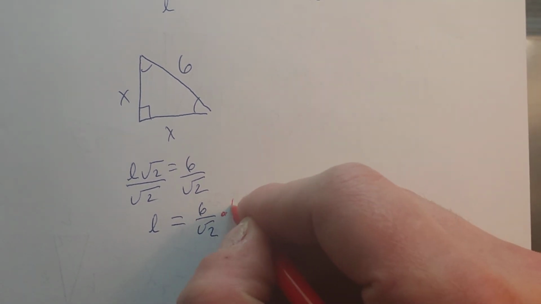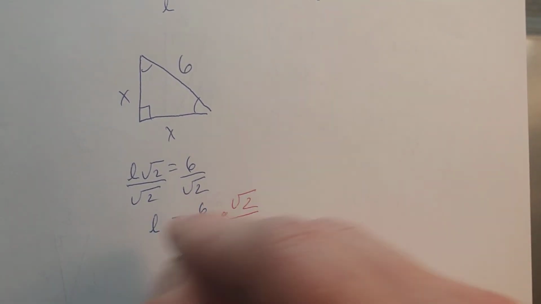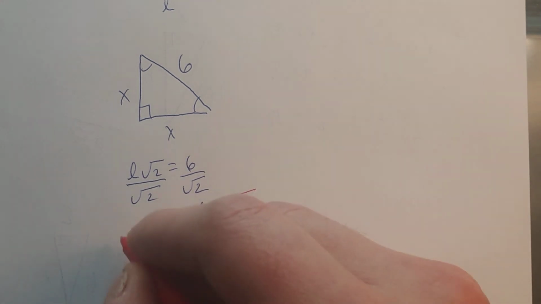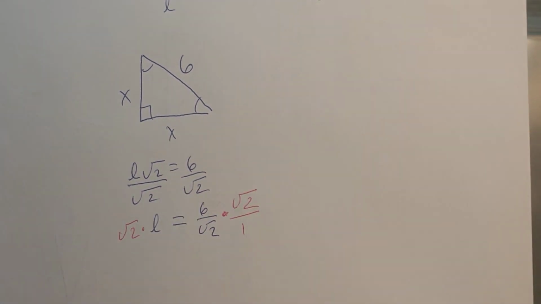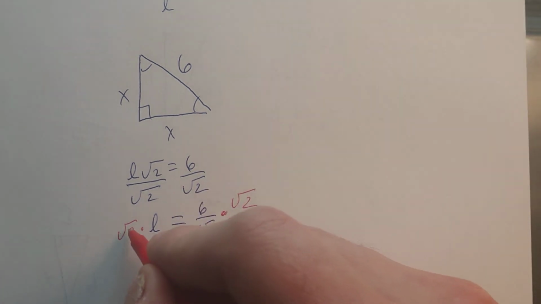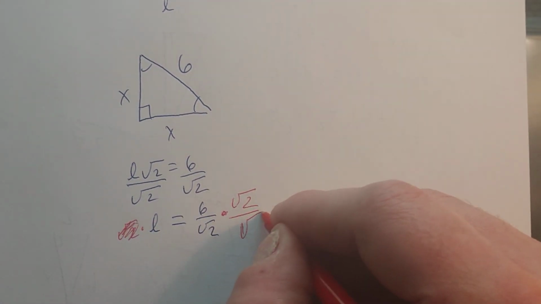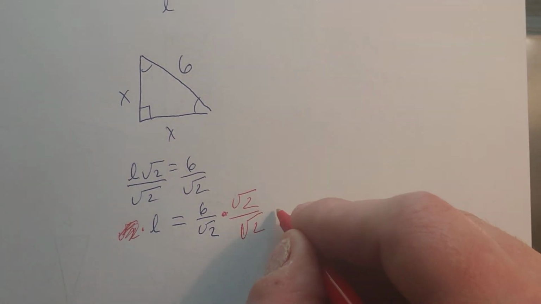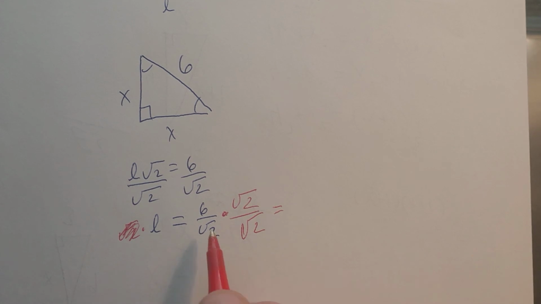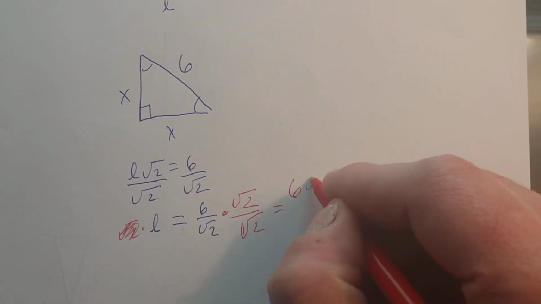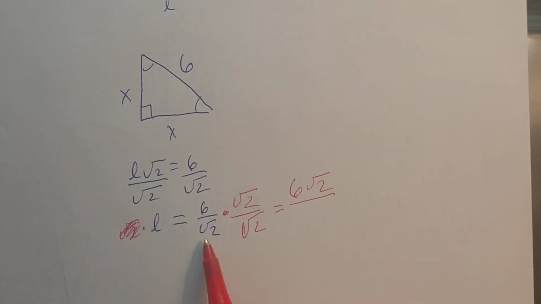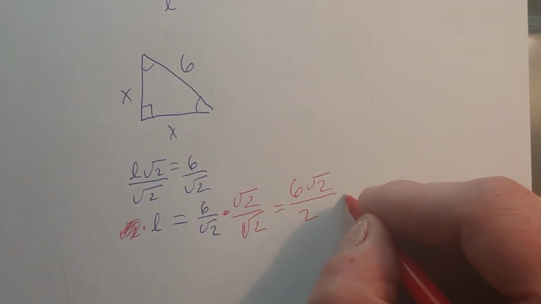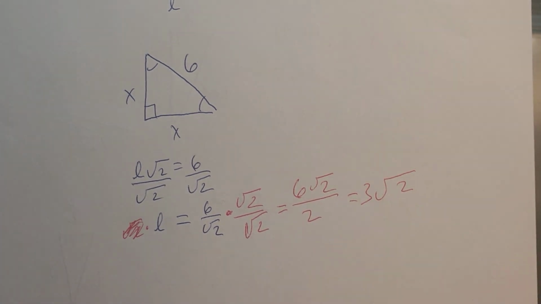So we multiply by the square root of 2 over the square root of 2, because that's what you would end up doing anyways. Going across, 6 times the square root of 2 is 6 square root 2, over the square root of 2 times the square root of 2, which is just 2. 6 divided by 2 is 3 square root 2.